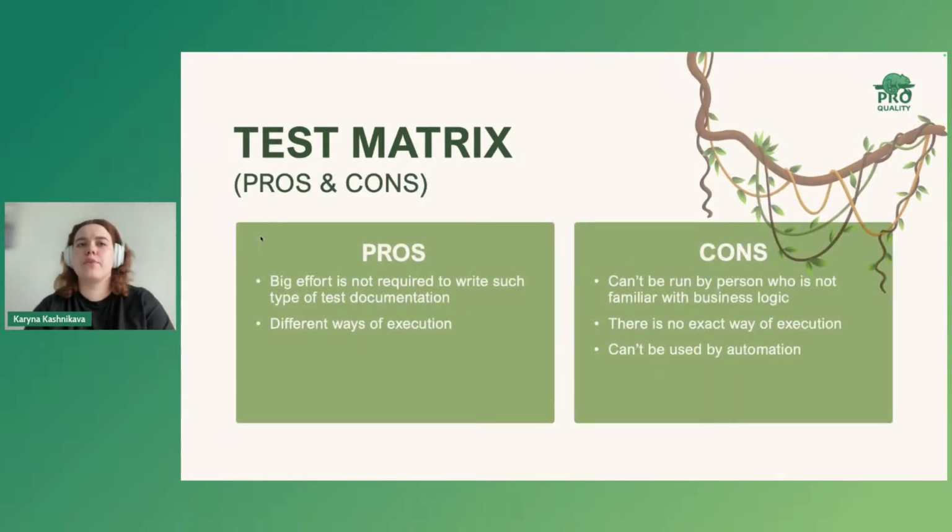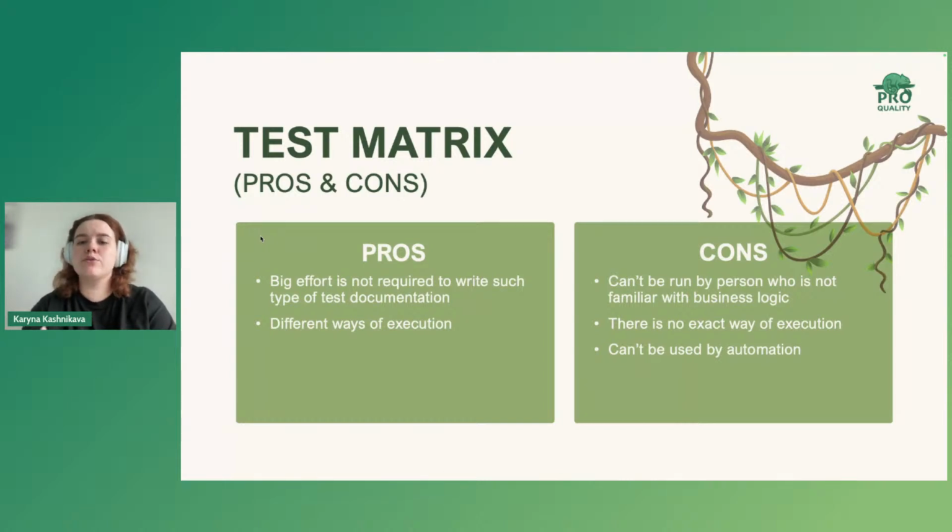Pluses and minuses of the current approach. Pluses: a test matrix does not require much time for creation. Also, you can make the check via different ways of execution. Minuses: it is not easy for a person who is not familiar with the business logic of the application or user story to execute the tests. Also, it is not comfortable to use for the automation team.